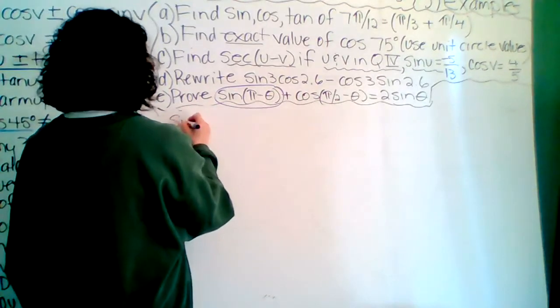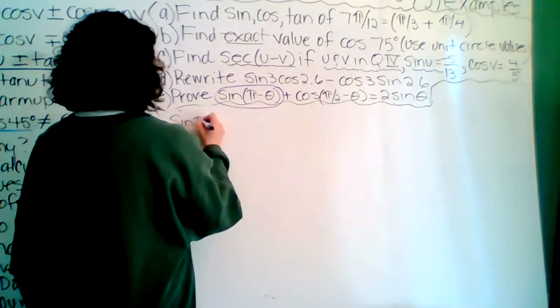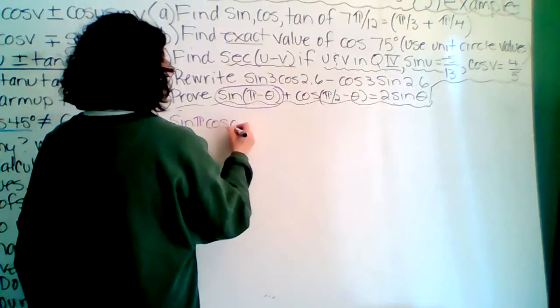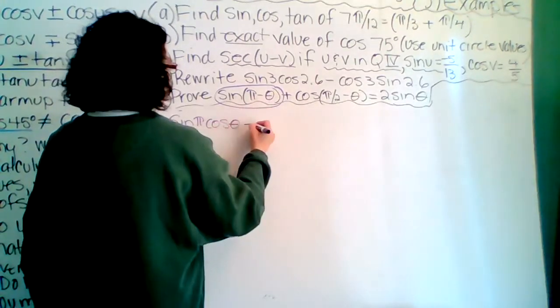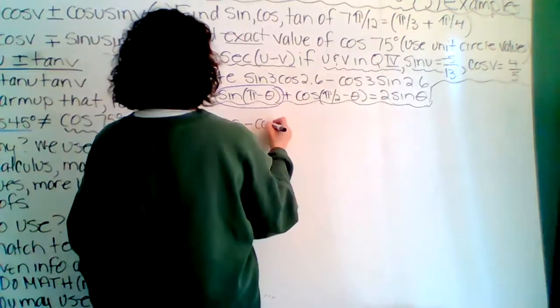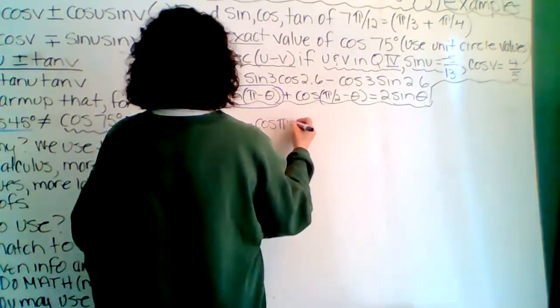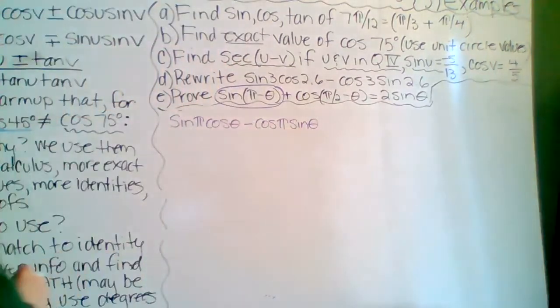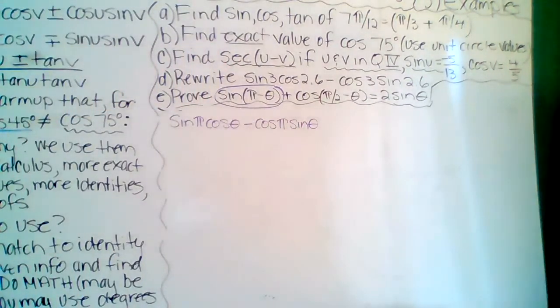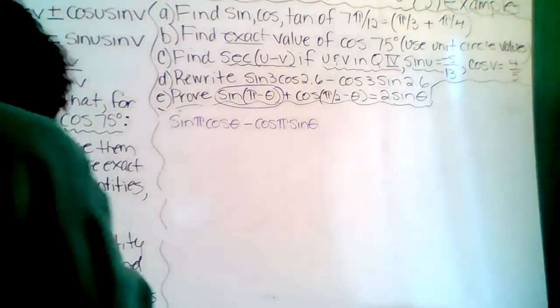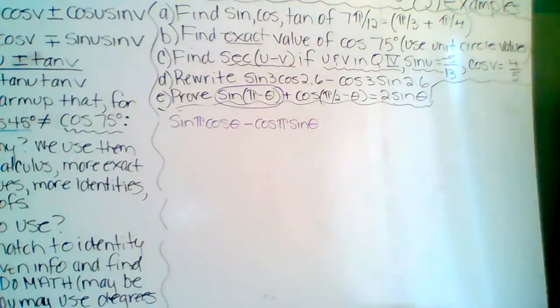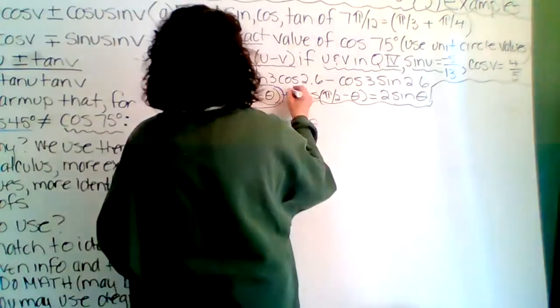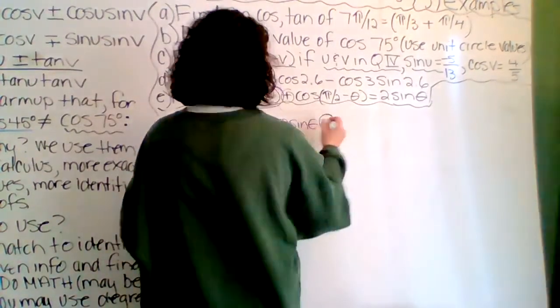That would be sine of pi times cosine of theta minus cosine of pi times sine of theta. I'm just going to make sure I wrote it right. I think so. Okay, now plus, here's where I am right now. Plus, there we go.